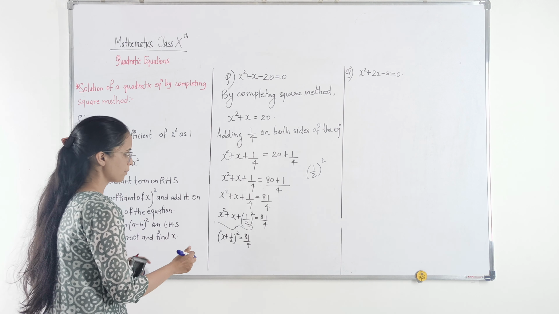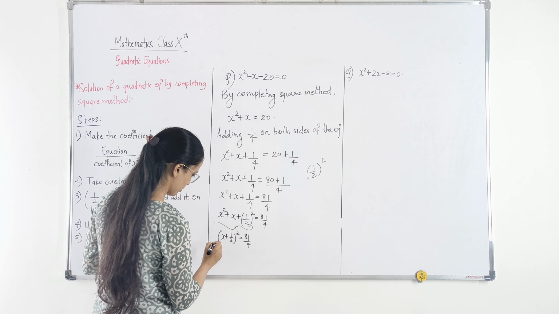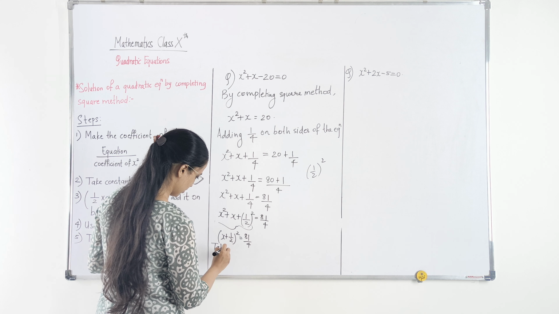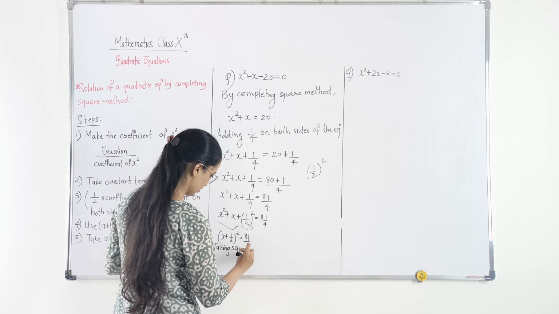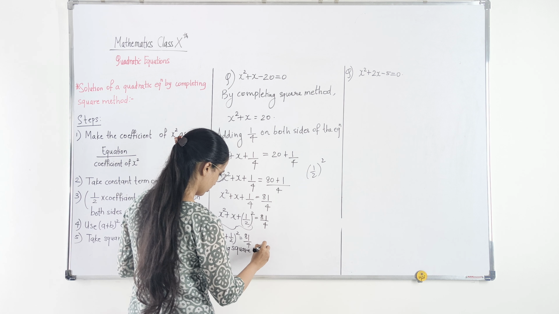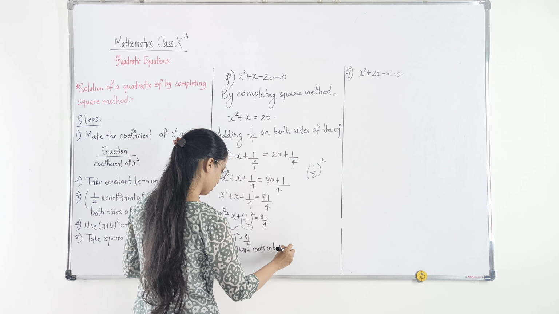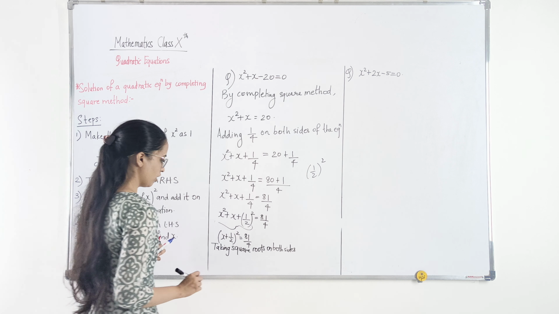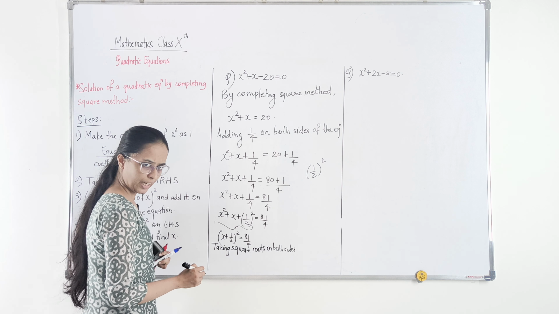So the next step says taking square roots on both the sides.